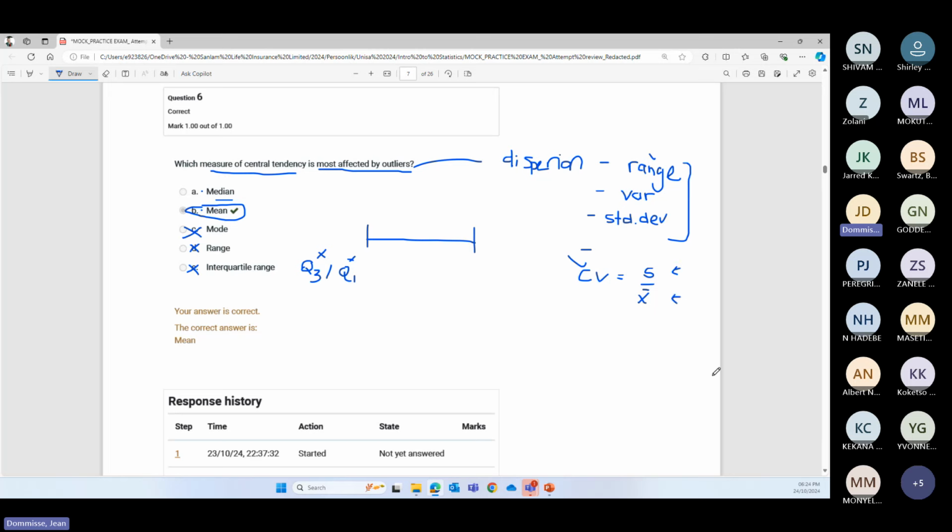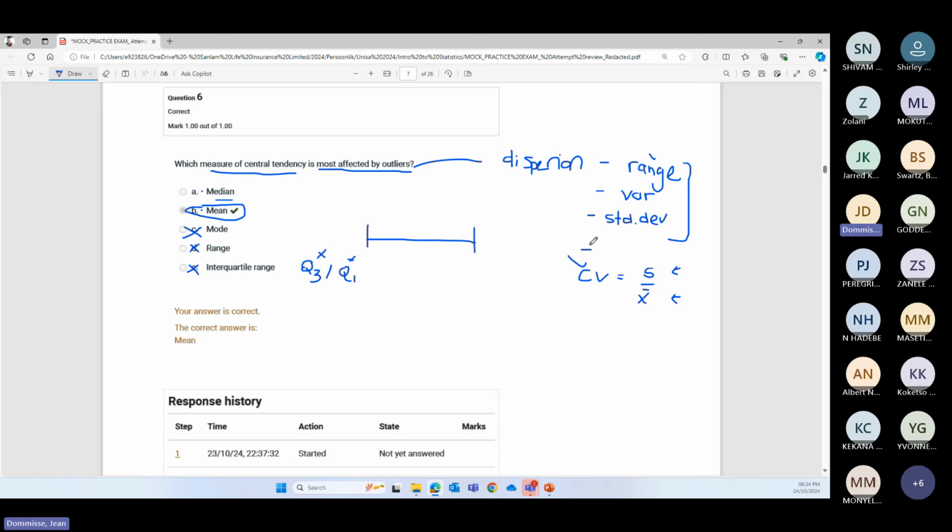If there was one that said on dispersion, quite a few can actually be impacted. If I quickly look at everything that we mentioned, it's probably only the interquartile range that's not impacted.